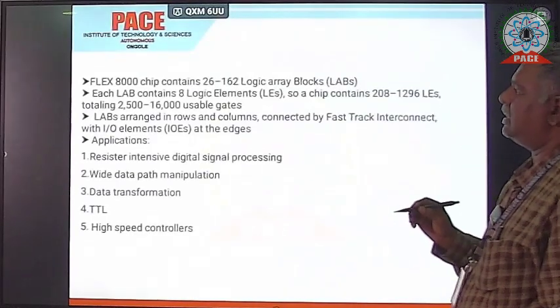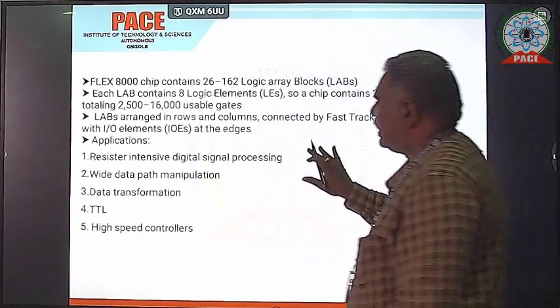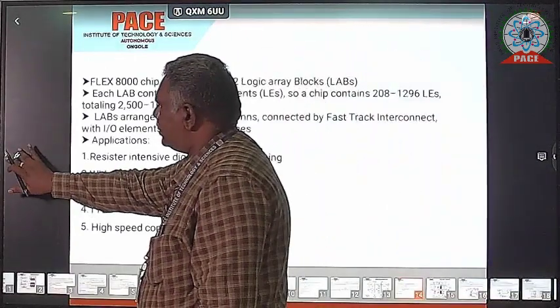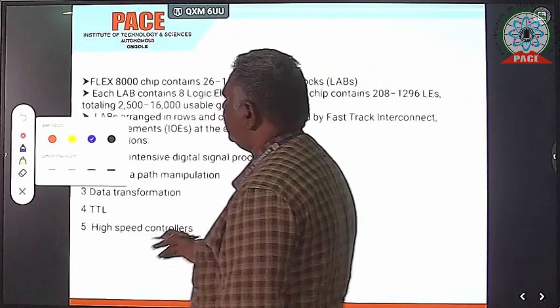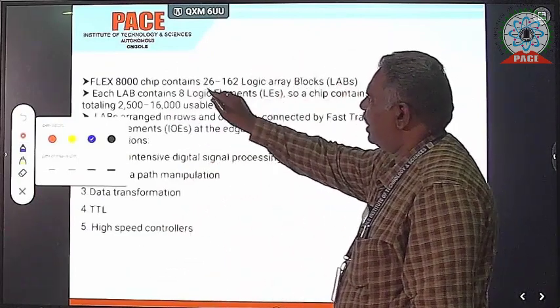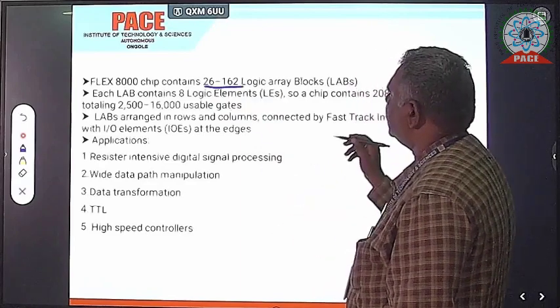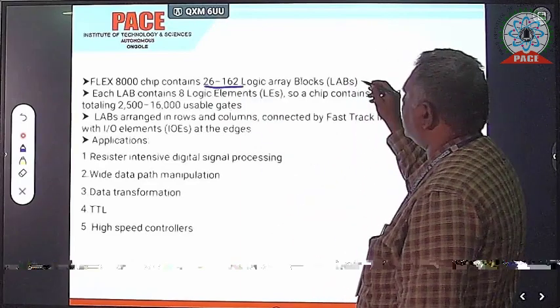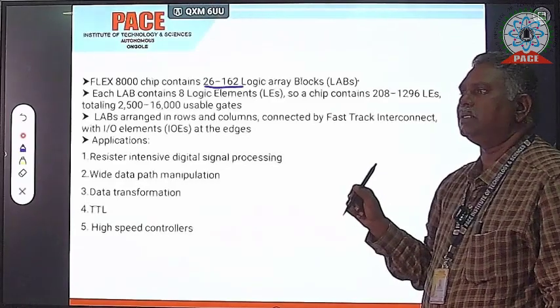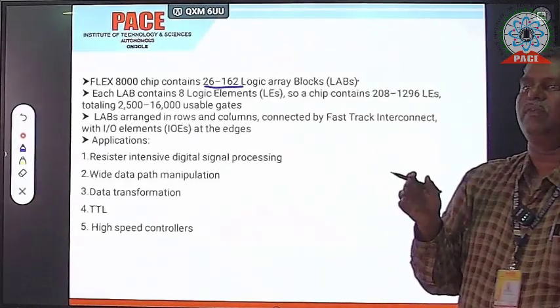In the 8000 FPGA, the basic advantages are represented here. We have 26 to 162 logic array blocks. Due to these LABs, the storage capacity is going to be increased.